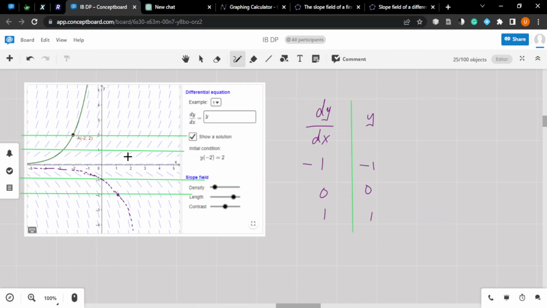So the idea of the slope field at different points will help us to solve a differential equation without doing the integration, and we shall discuss it in the next class. Okay, thank you.